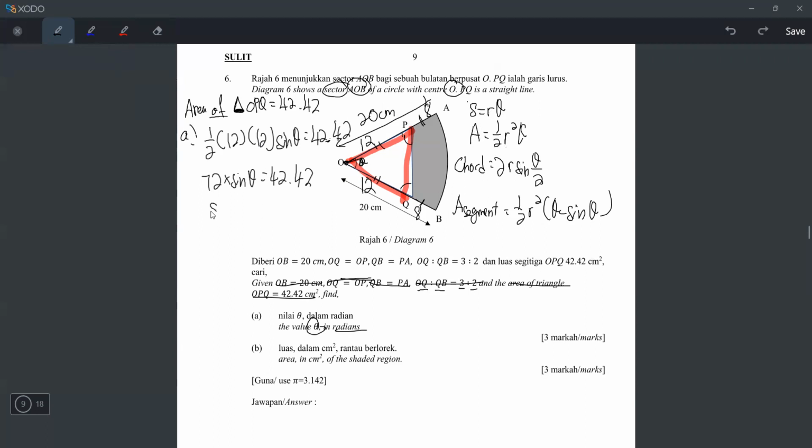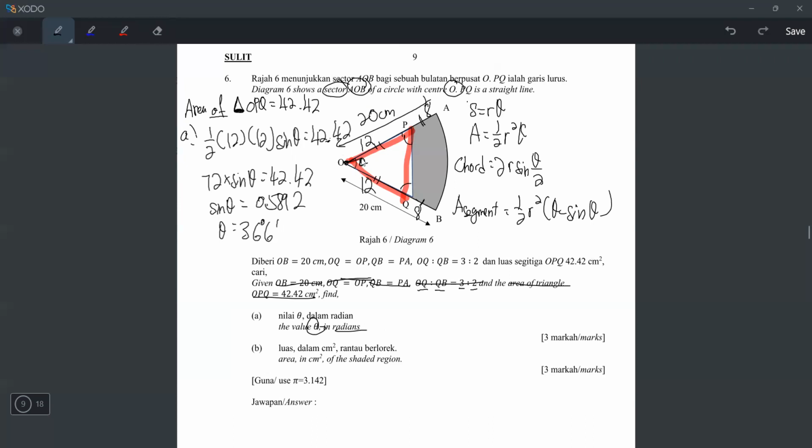Okay, but if I using this formula, then it's different. Okay, so it will be sine theta equals to 42.42 divide 72. I got 0.5892. And then shift sine answer. I get 36 degree 6 minutes. So theta, I cannot, right? Yeah, I think can. Yeah, can, right?